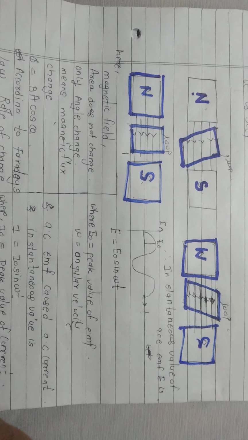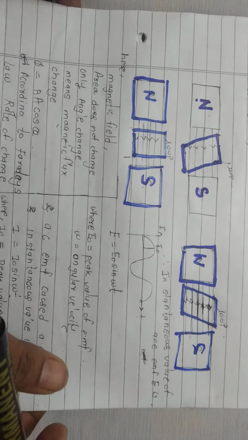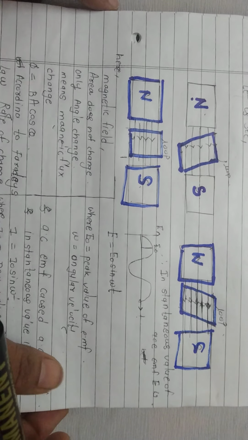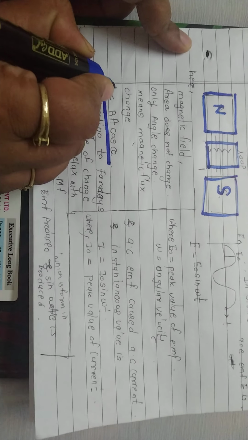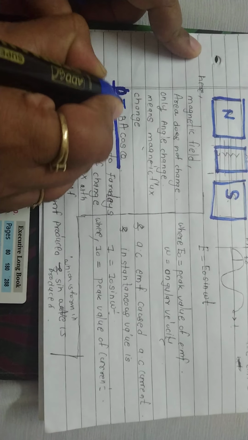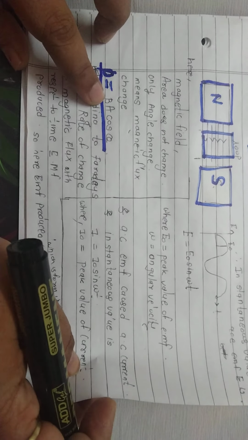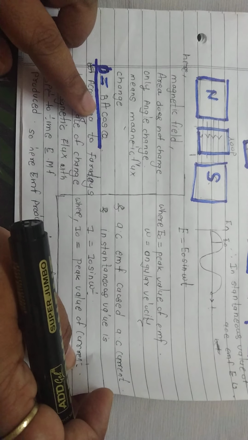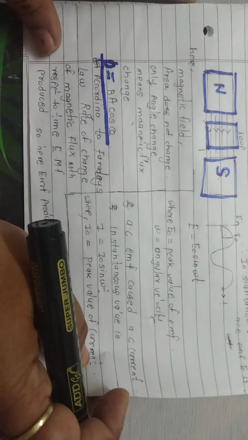Angle changes means the magnetic flux changes, and by the definition of magnetic flux, phi is equal to BA cos theta. In this, B means magnetic field, A means area, and theta means the angle with the direction.